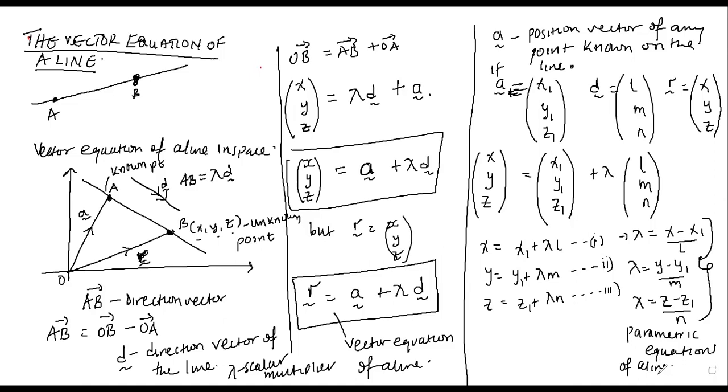Those ones are called parametric equations of a line. It is from those parametric equations of a line that we get what we call the Cartesian equation of a line. So after that, we are going to get what we call the Cartesian equation of a line.